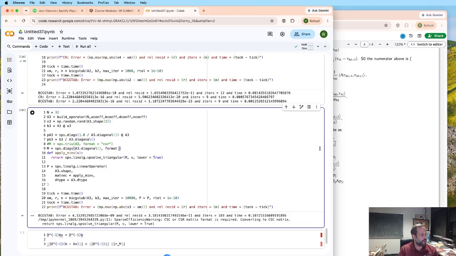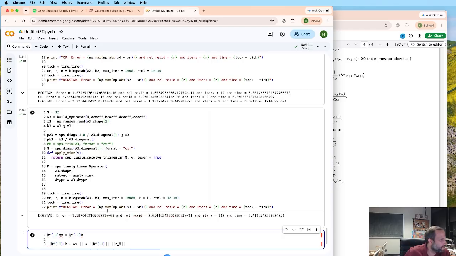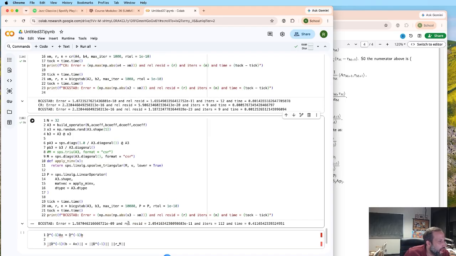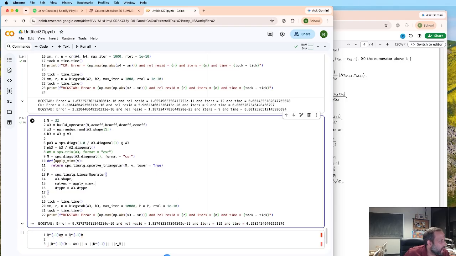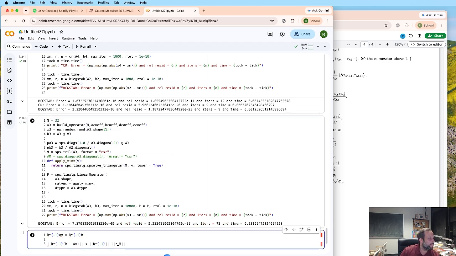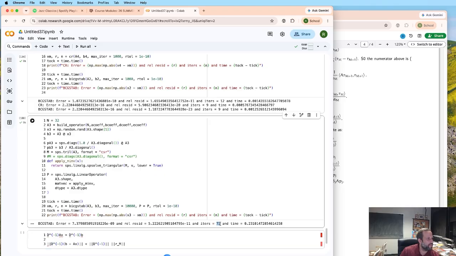Sorry. That's what that warning is for. Okay, there we go. And again, we are preconditioning with the diagonal, and this is consistent with what we had before. If I come up here and instead of M being equal to the diagonal, I have it be equal to the lower triangular matrix, I'm going to have something similar, 72 iterations.